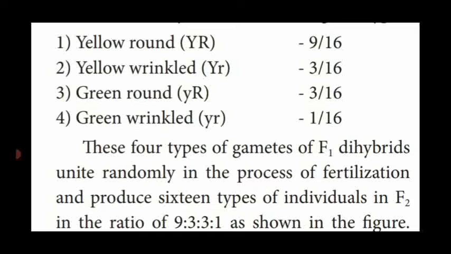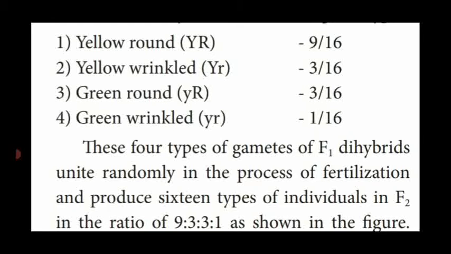In the F2 generation, we get 4 different gametes: capital Y capital R, small y small r, capital Y small y, capital R small r. These are all the possible characters with all the contrasting characters, which are expressed in the F2 and F3 generation in different proportions.